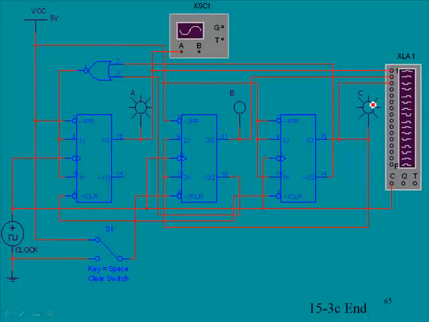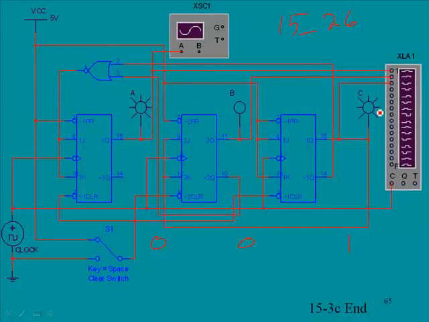Now, what you can do, and I encourage you to do this, this is going to be circuit 1526, is to do this simulation, and when you turn this on, you're going to see these lights illuminate, and these lights will represent the counters. In fact, when you start, it'll be 0, 0, 1, and what you see here is count 5, because we have 1, 0, 1, and you'll be able to see it count.